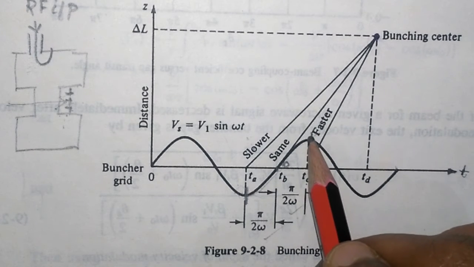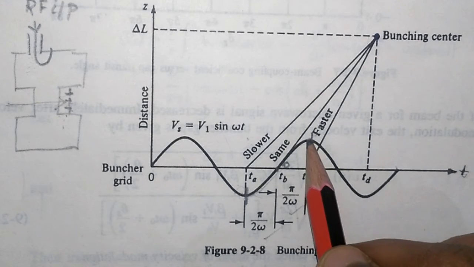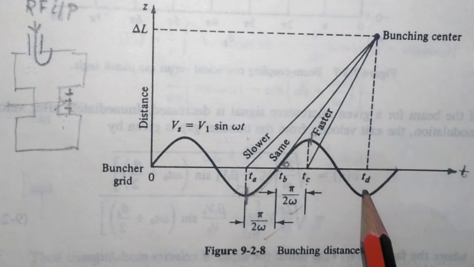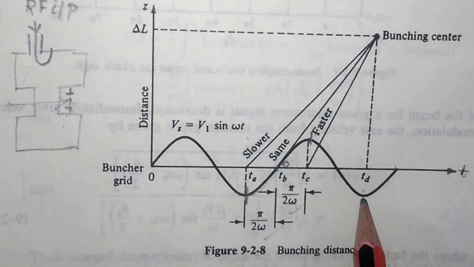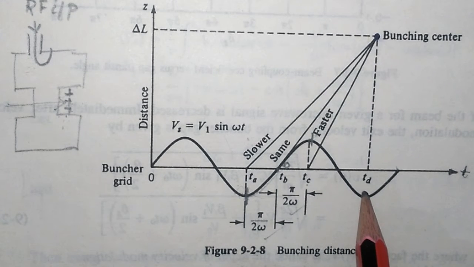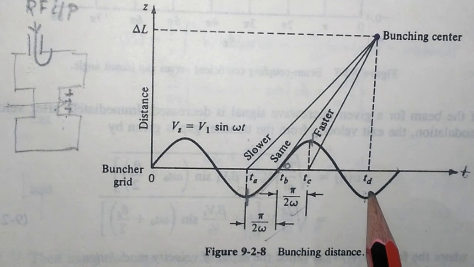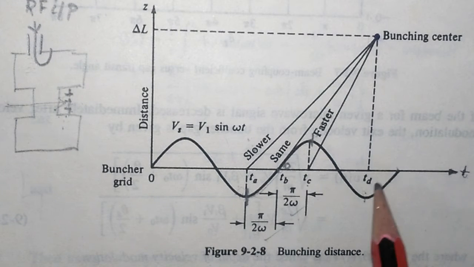Now let us see what happens from the positive peak to the negative peak. Is there a probability of electron bunches here? Let me use the same analogy. Suppose your friend has left early on a bike, and you are trying to catch up with him while walking.